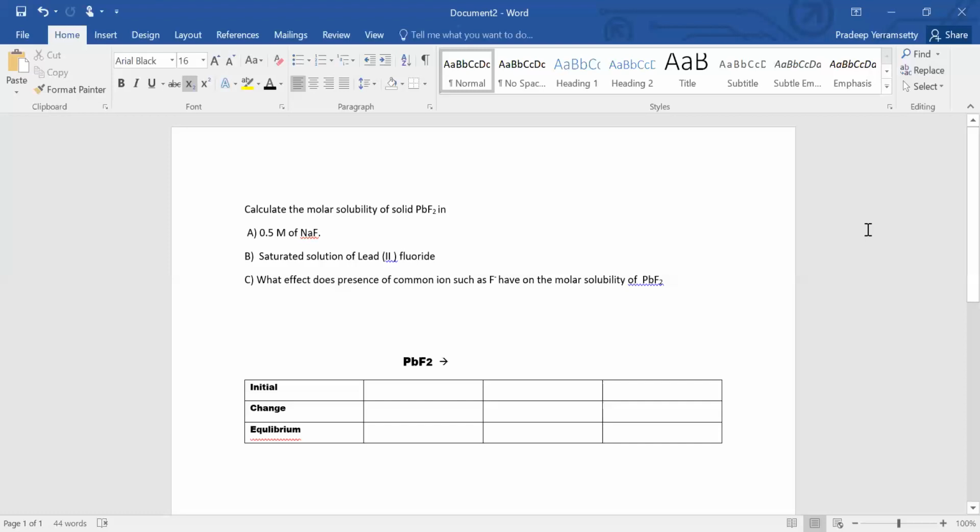What will PbF2 be? We already did this, right? I think we did a similar one, so I will just write it for you.